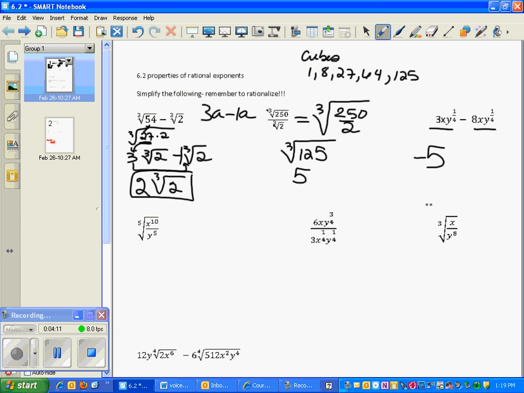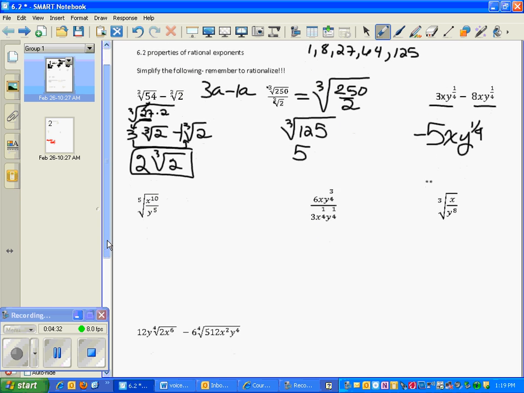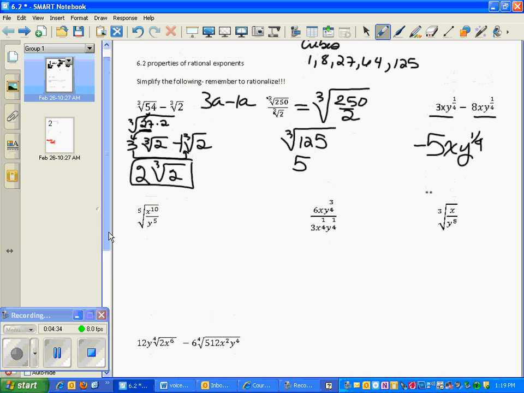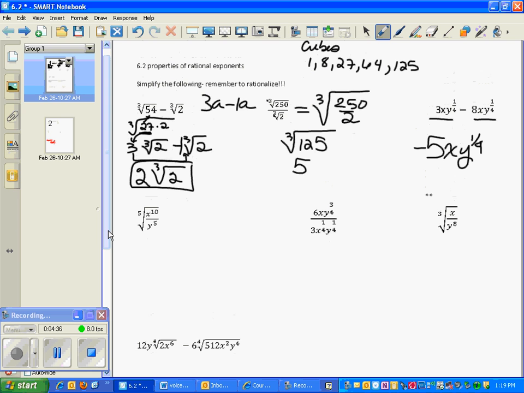And what do I do then? What variables are going to be attached to that answer? X, y to the 1/4. So when we're combining like terms, remember those variables are just going to stay the same, just like those cubic roots are just going to stay the same. They get tacked on to the end of your coefficient. Okay. No, it's x to the first and y to the 1/4.